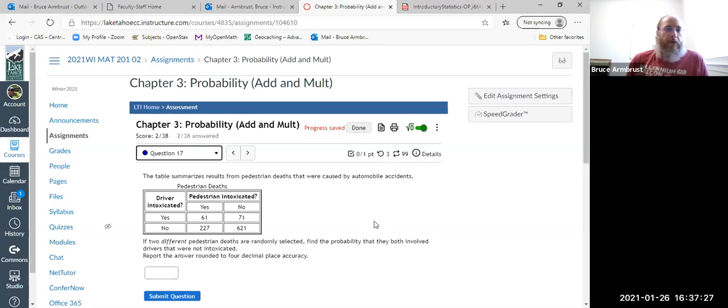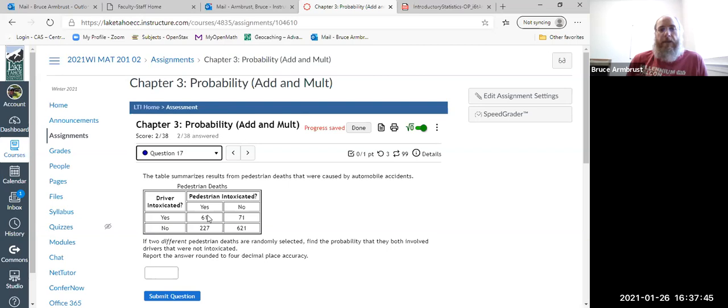Okay, so let's go look at number 17. Same kind of deal. We've got pedestrian deaths that were caused by automobile accidents. And we have, were the driver intoxicated, were the pedestrian intoxicated, and we've got our numbers.